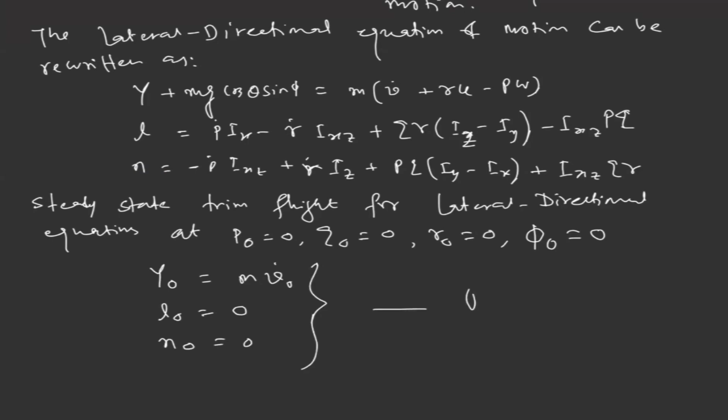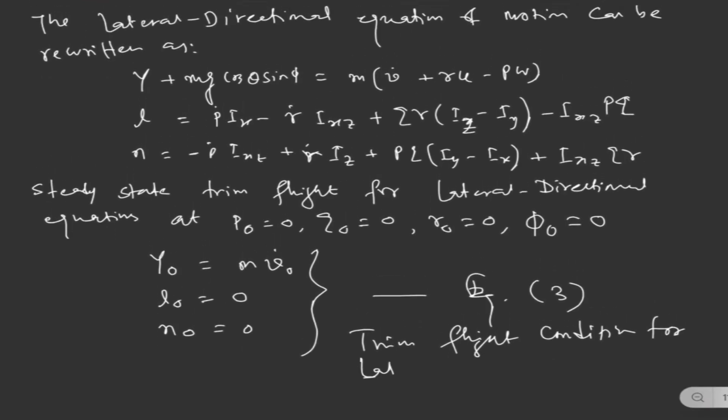So this is equation number 3, the trim flight condition for lateral directional motion of the aircraft.